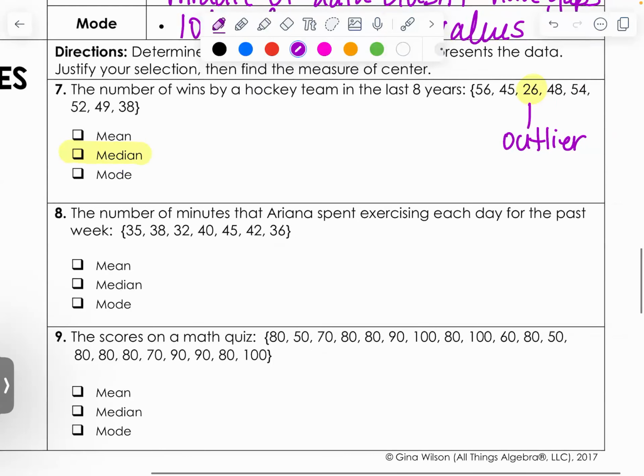Okay. What about Ariana? Ariana spent time exercising each day. Okay. There are no outliers. All that data is pretty close together.